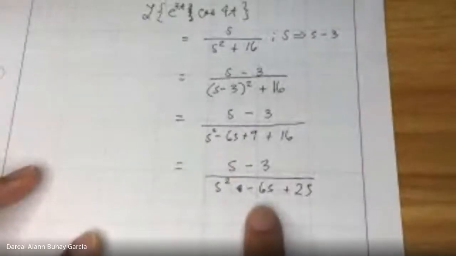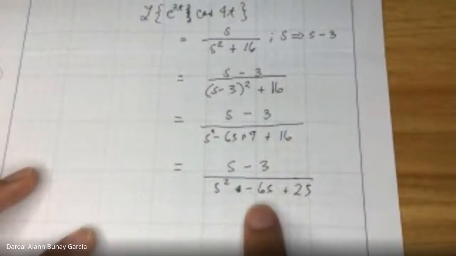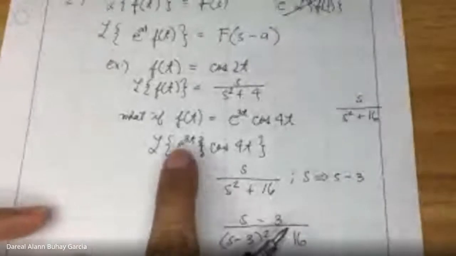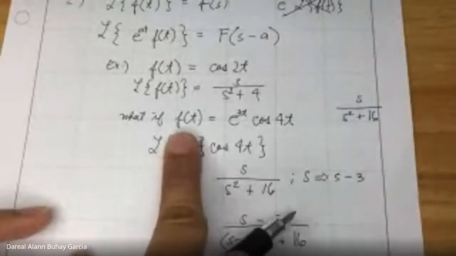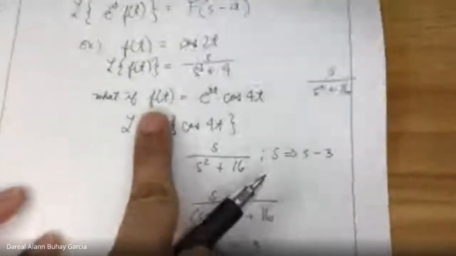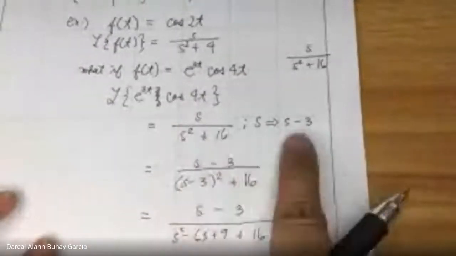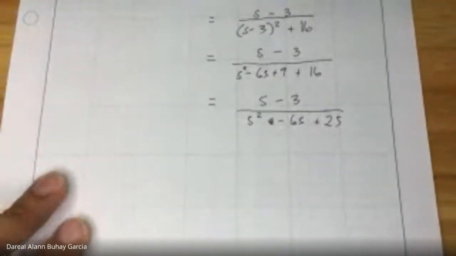So that is the Laplace transform. After the disappearance of e to the power of 3t, we compensate by replacing all s's with s minus 3. Alright? I will solve more examples later so you can practice.